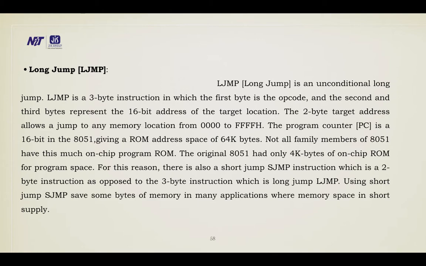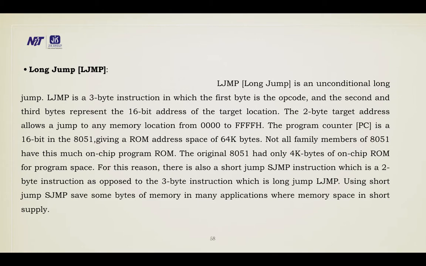The 2-byte target address allows a jump to any memory location from 0000 to FFFFH. The program counter PC is 16-bit in the 8051, giving a ROM address space of 64 KB. Not all family members of the 8051 have this much on-chip program ROM.